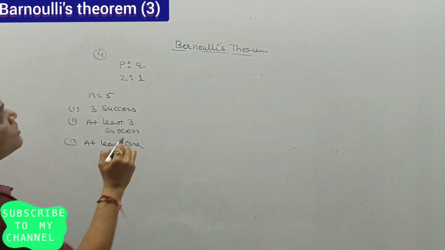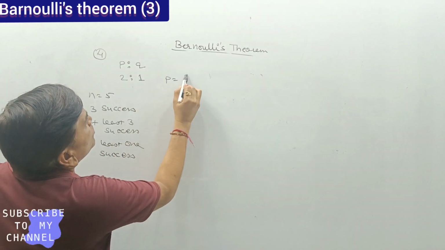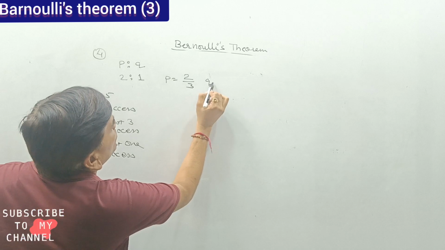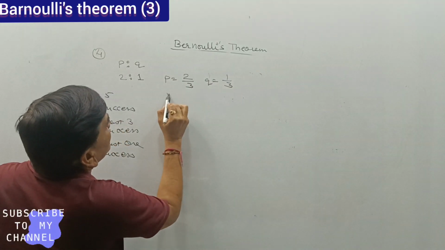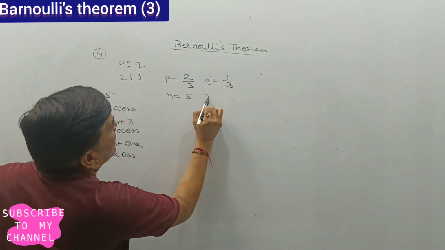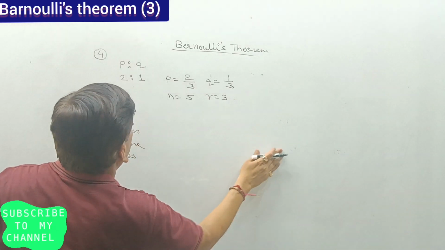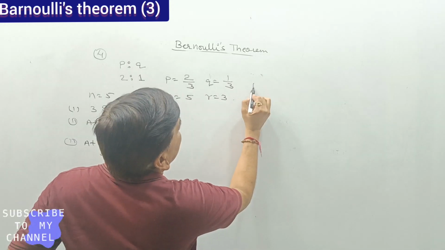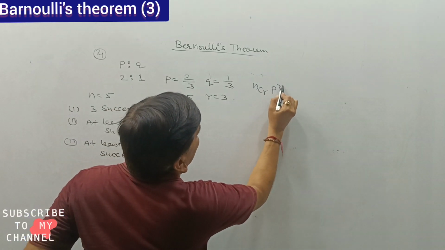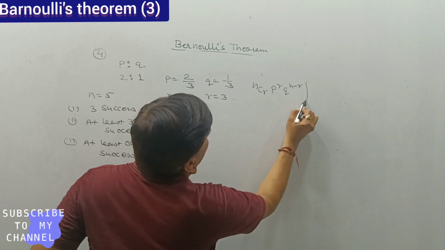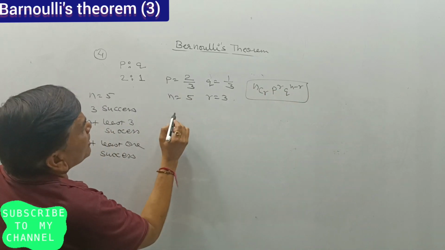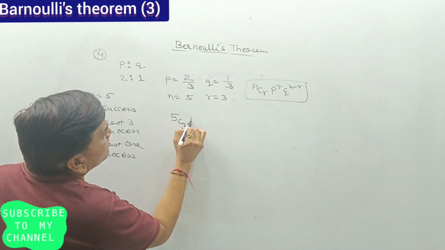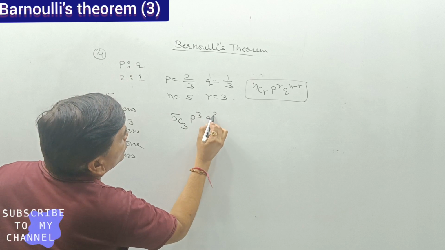Okay. So P is 2 by 3 and Q is 1 by 3, N is equal to 5 and R is equal to 3. The first one, by the Bernoulli theorem, is nCr P raised to power R Q raised to power N minus R. So that will be 5C3 P raised to power 3 Q raised to power 2.